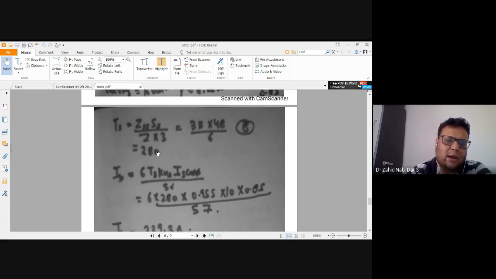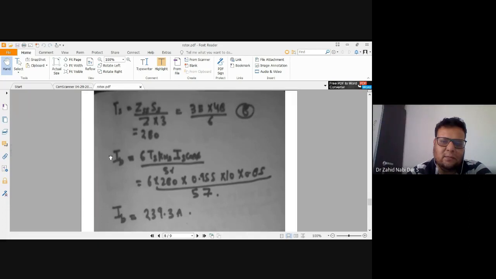And now you have to calculate your current in the bar. Again, your current in the bar would depend upon your ZS, into your Kws, that is the winding factor, IS cos phi. So basically this is what we are utilizing over here.